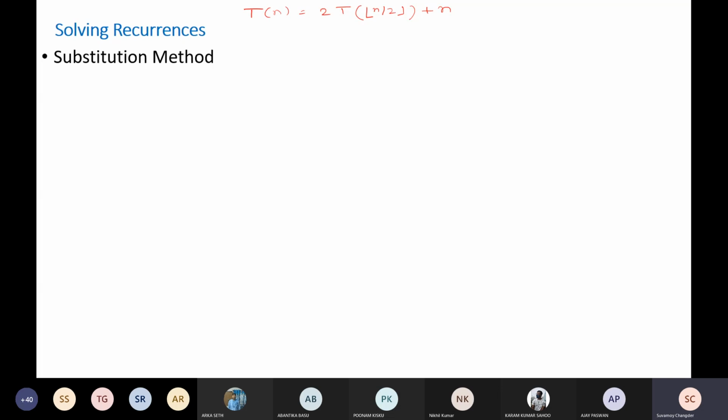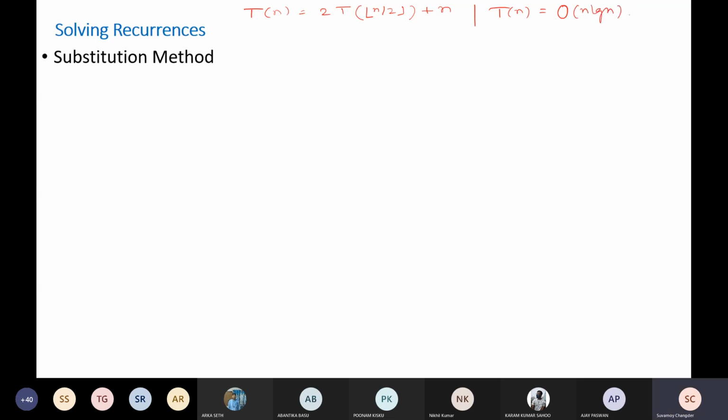Number one, experience matters for selecting the correct assumption. So our assumption is that the solution is big O of n log n.